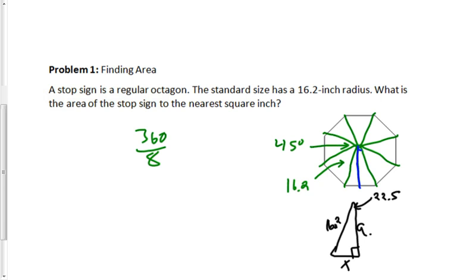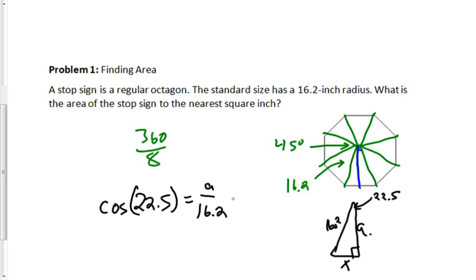If we want to find a, that'll be the adjacent over the hypotenuse, so it'll be cosine. So cosine of 22.5 is equal to the ratio of the adjacent, which would be our apothem, over 16.2.